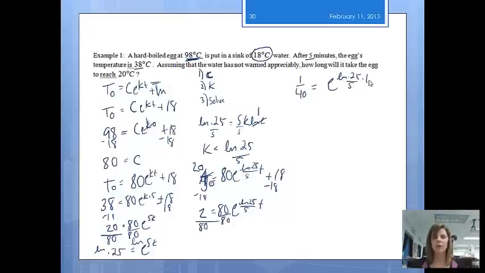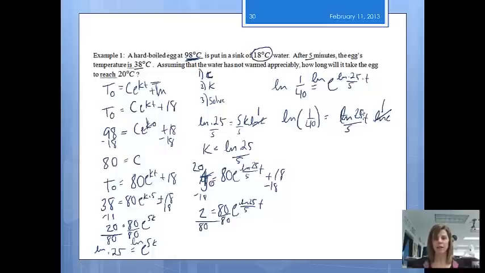over 5 times t. From here, just like we've done in all the other problems, we'll take the natural log of both sides. So I'll now have the natural log of 1/40th is equal to, well, actually, let's do that whole exponent, ln 0.25 over 5 times t, ln e. The natural log of e is 1.